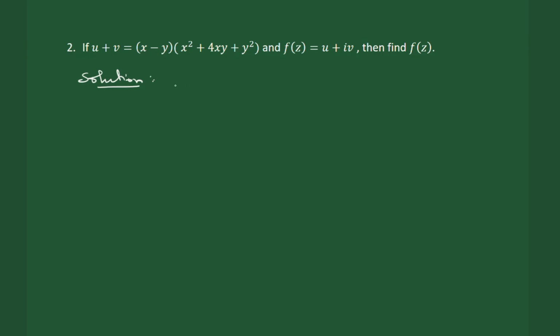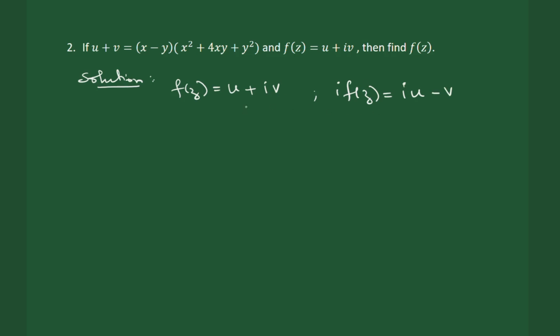So we have fixed that f of z is equal to u plus iv. If we multiply i on both sides, i f of z will become iu, and then here it becomes i square, so we can write it as minus v.